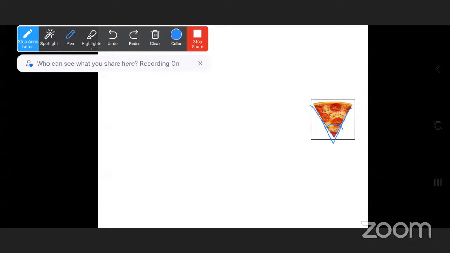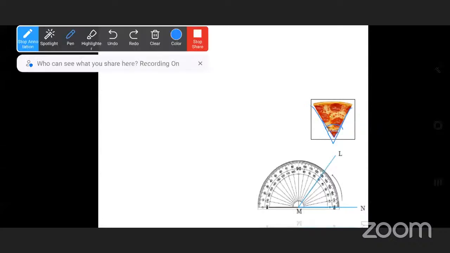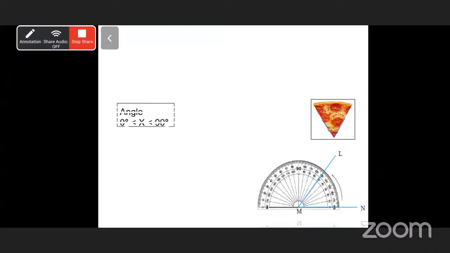Because it is under 90 degrees, very good. It is less than 90 degrees. If we see the protractor also, the acute angle ranges between 0 to 90 degrees. So that is why we call it an acute angle.